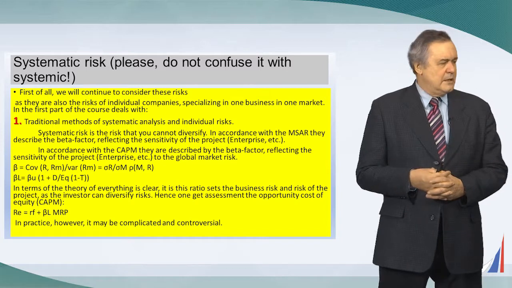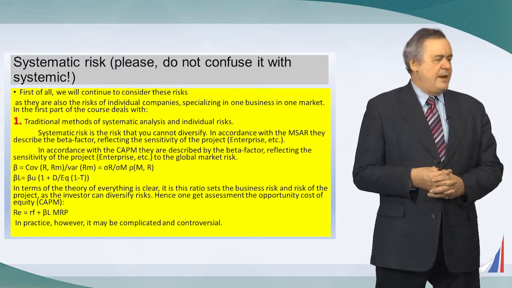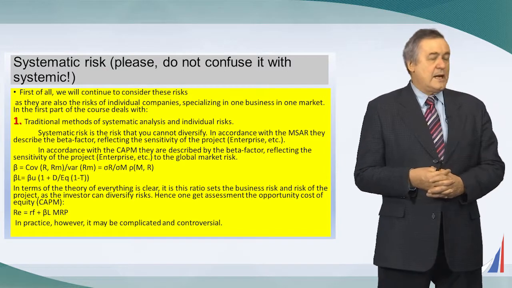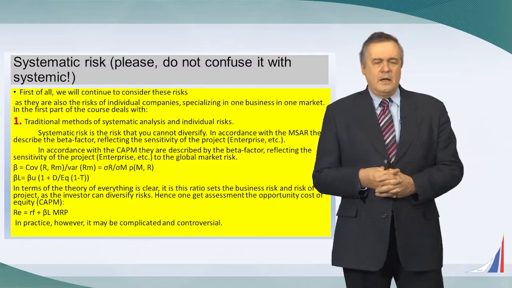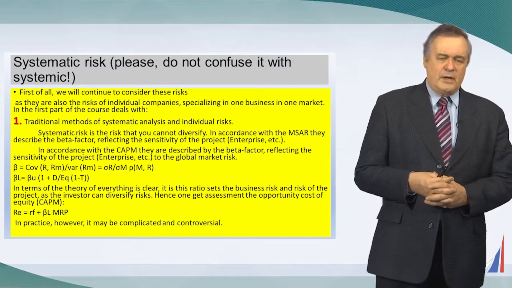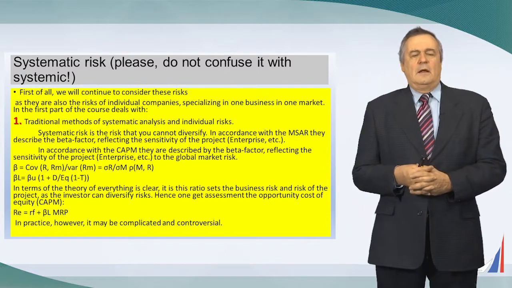That is the first idea. In accordance with CAPM, the capital asset pricing model, it is described by the beta factor, which reflects the sensitivity of the project, enterprise, etc. to the global market risk.